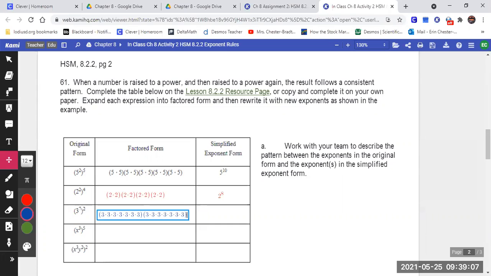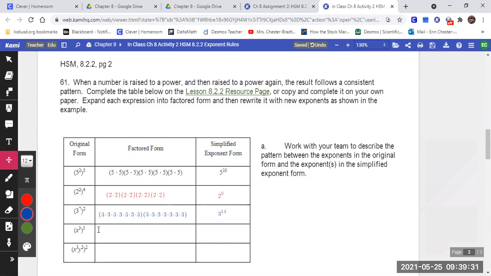So I'm going to copy and paste one more, so I have 2 sets, right? So if I do that, how many 3's do I really have? So first we have to expand the parentheses. Then we look at the outside for how many sets of that parentheses.